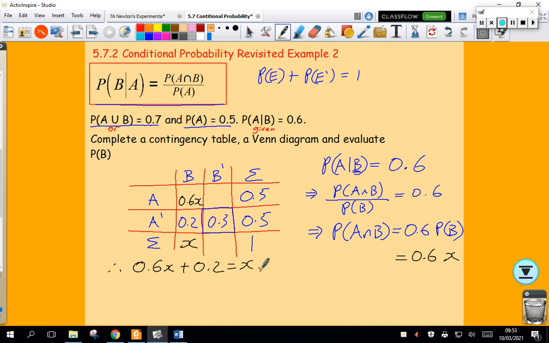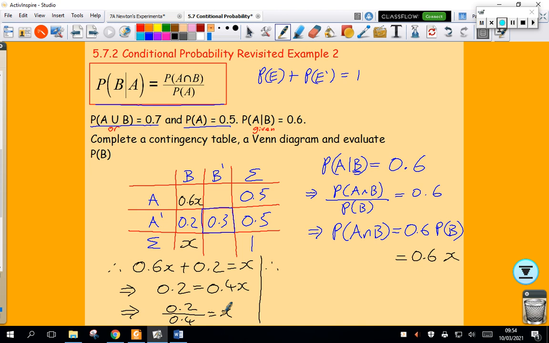I'm going to start by subtracting 0.6x from both sides, which will tell me 0.2 is equal to 0.4x. And then I'm going to divide on both sides by 0.4. So I'm going to get 0.2 divided by 0.4, and that's equal to x.